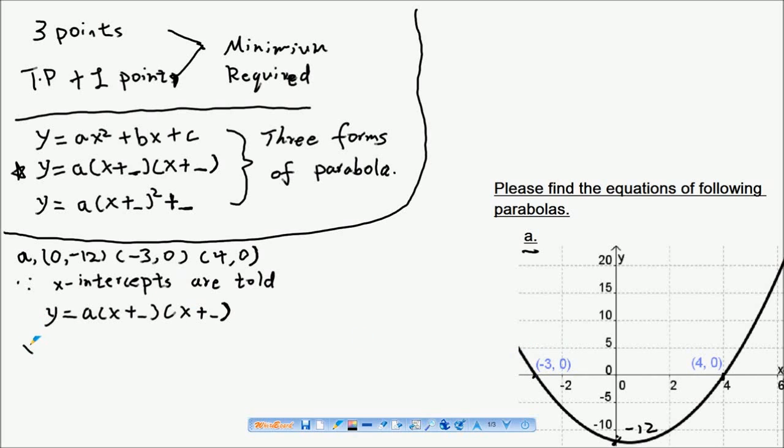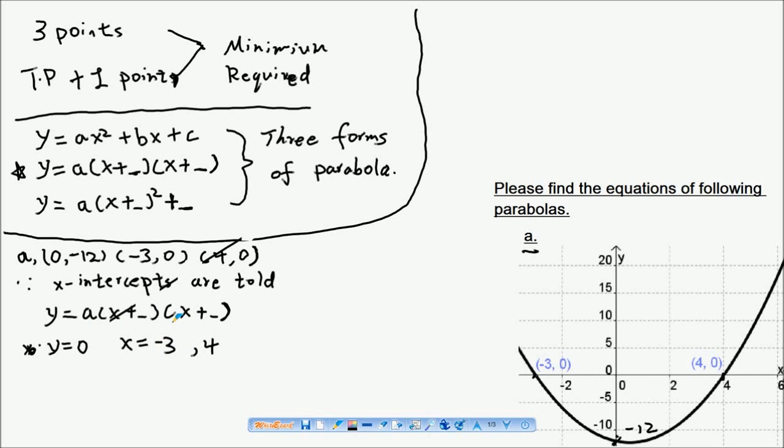When y equals 0, because we know the x-intercepts, x is equal to minus 3 and positive 4. Let's look at the formula.